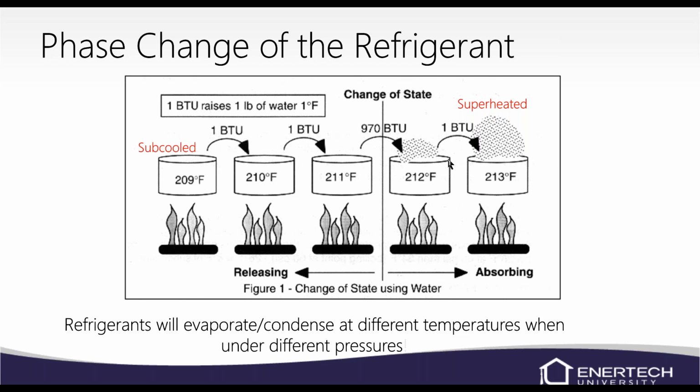Same thing past the boiling point. When we're at the change of state, right there at that 212 degrees where we're boiling, that's where we're really going to be releasing a lot more of the BTUs. So that's the point we're trying to get to so we can transfer the heat, is that change of state.